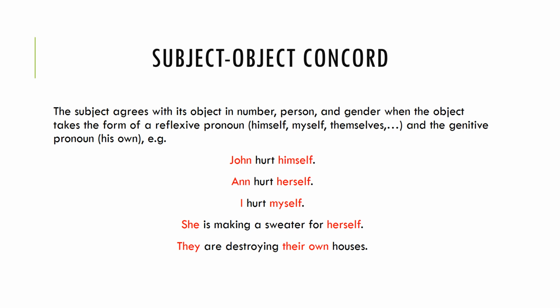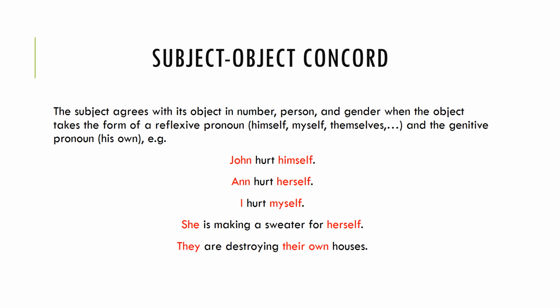Since himself refers back to John, they have to agree in these three features. In number, both are singular. In person, both are third person. And in gender, both are masculine. The same thing when we say Anne hurt herself or I hurt myself.